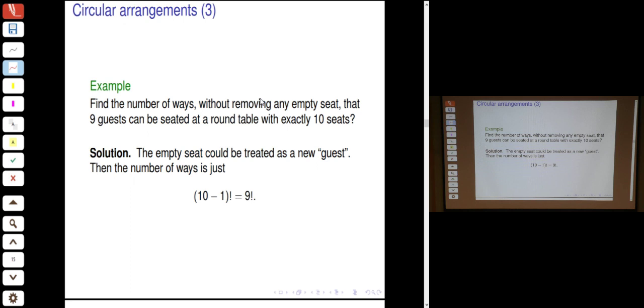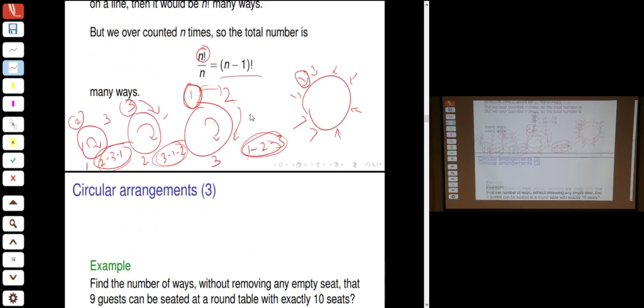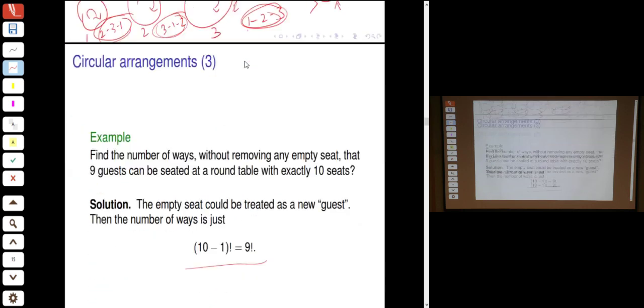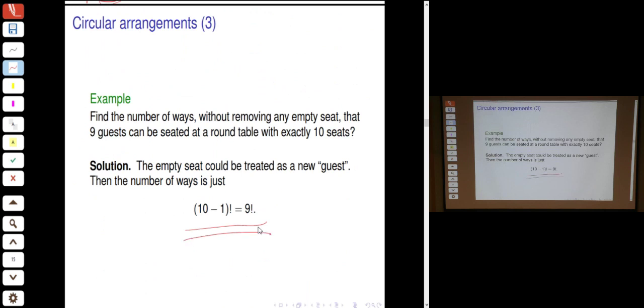So it's exactly as if you were seating 10 guests around a round table, and the total number of ways is 10 minus 1 factorial, because the total number of ways of seating n guests was n minus 1 factorial, and this is 9 factorial. Okay? Any questions?